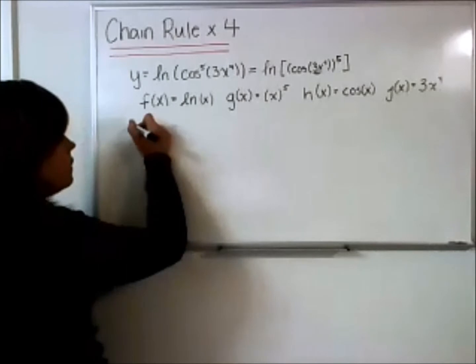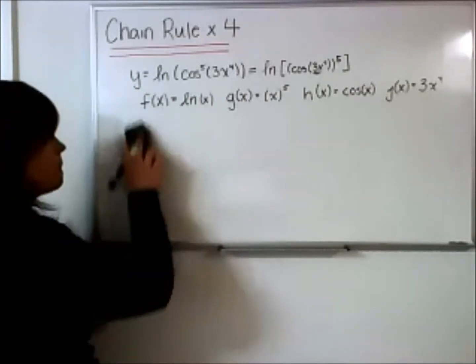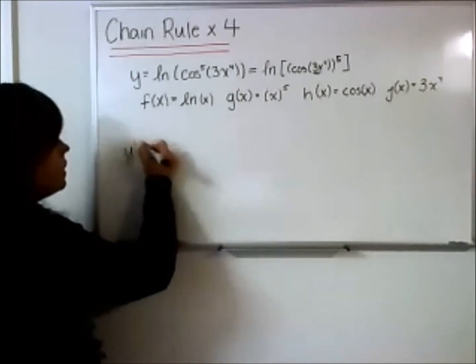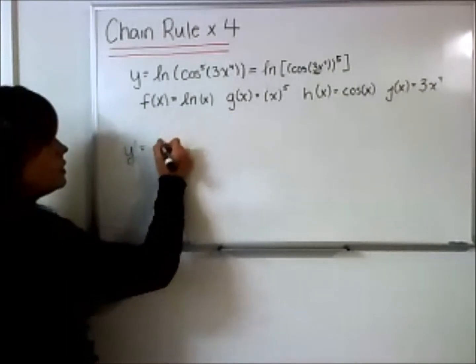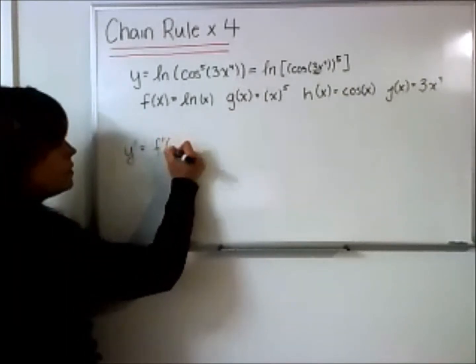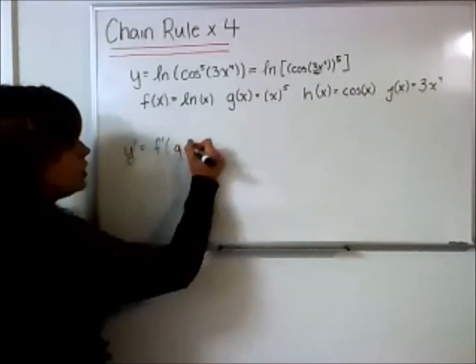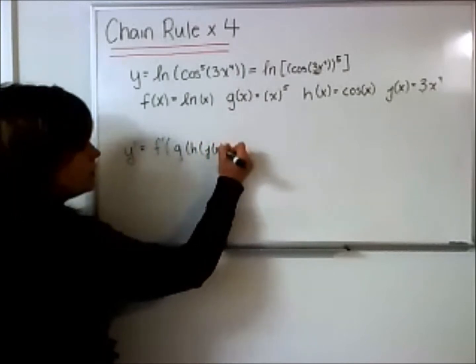The derivative that we will substitute everything into, you recall we take the outside function, so we have f prime, and we keep everything nested inside. So that will be g of h of j of x.